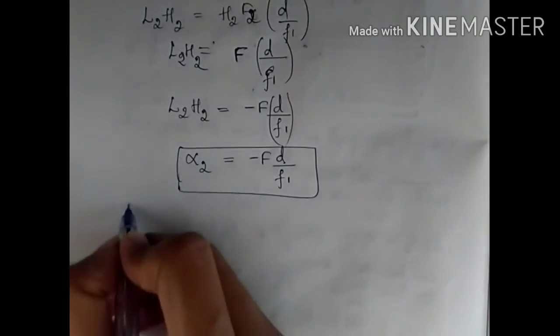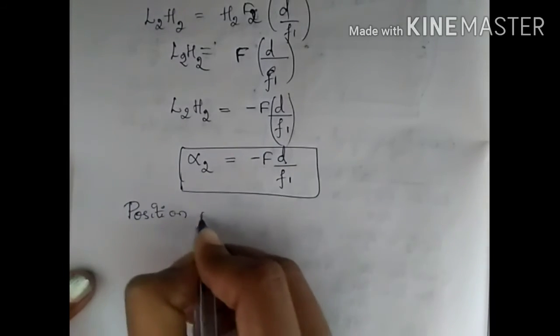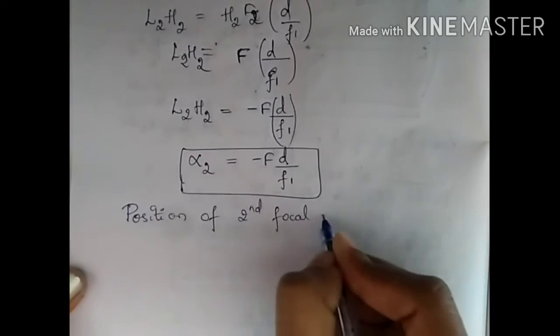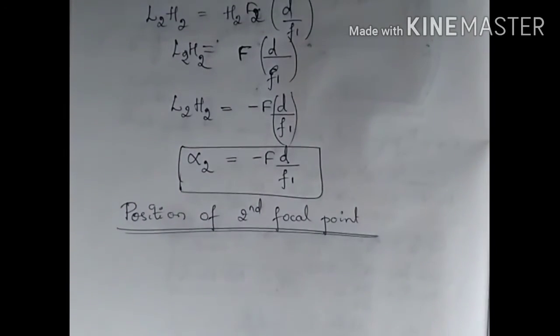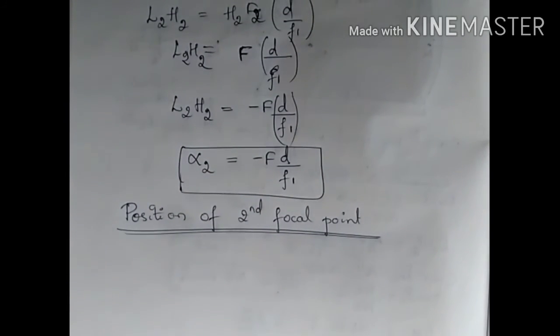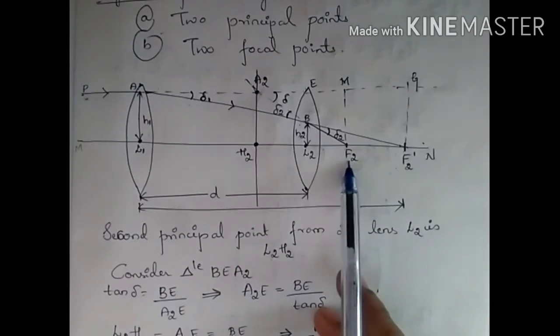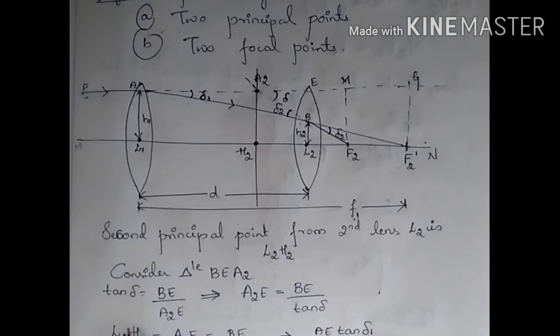Now let us see what is the position of the second focal point. From the figure, F2 is the second principal focus. So F2, which is here, is the second principal focus of the combination. For the position of the second principal point, we have taken alpha 2, and for the position of the second focal point, we are considering beta 2.